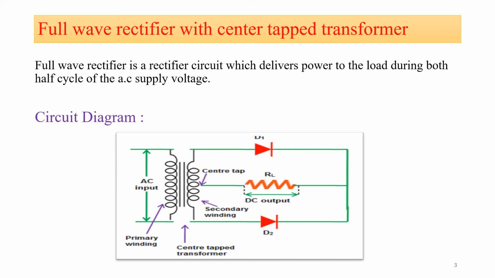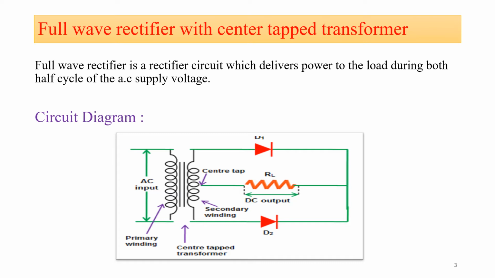And one load resistor RL is connected, and we are going to calculate our output across the load. So our output voltage VO is equal to VL. So this is the simplest circuitry of our full wave rectifier with center tap type of transformer.